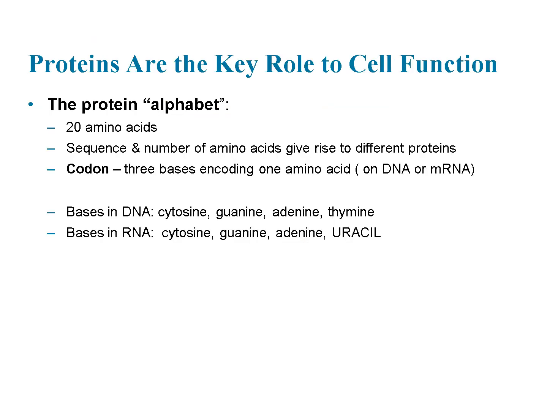This slide highlights the fundamental role of proteins in cellular function. Proteins are the building blocks of life, crafted from an alphabet of 20 unique amino acids. The sequence and number of these amino acids determine the vast diversity of proteins, each with a specific role in the cell. The genetic instructions for protein synthesis are encoded in DNA and RNA.